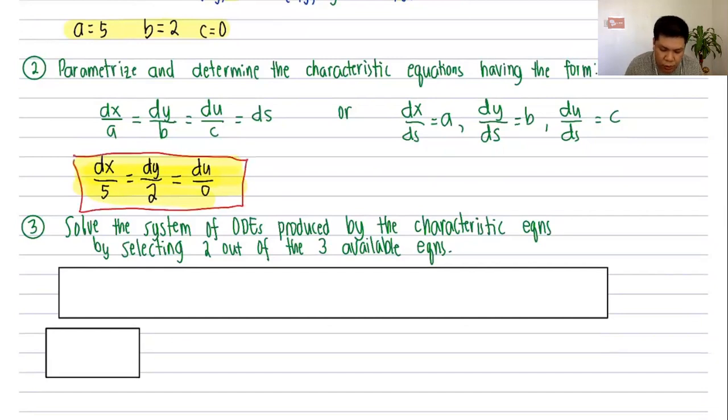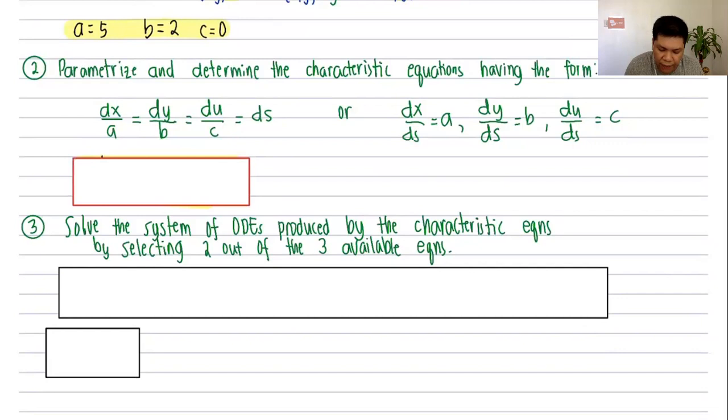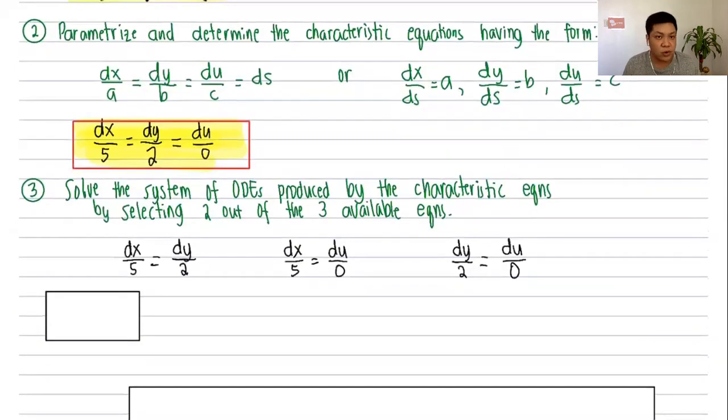We actually have 3 available systems of equations, such that I can say that dx/5 is equal to dy/2. I can also say that dx/5 is equal to du/u. And I can also say that dy/2 is equal to du/0. So my task is to select 2 out of the 3 available equations in order to solve my problem.